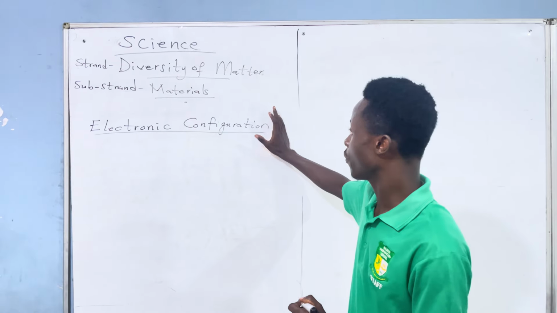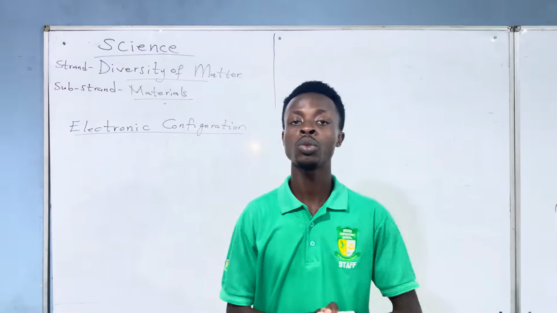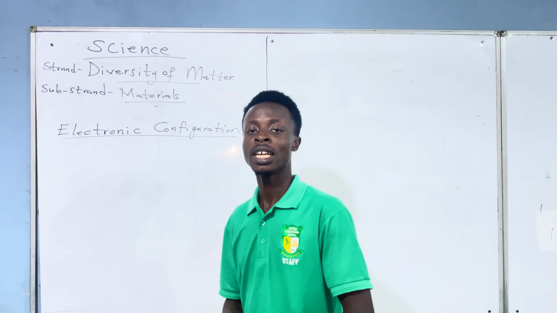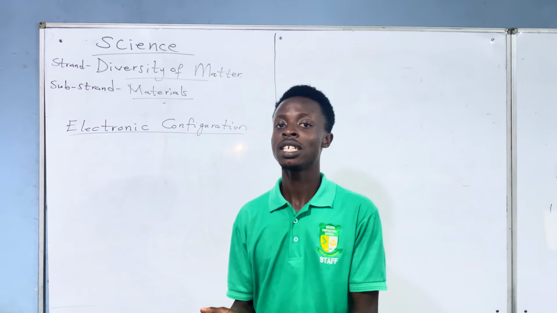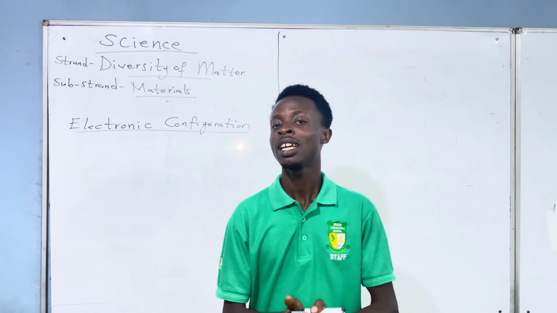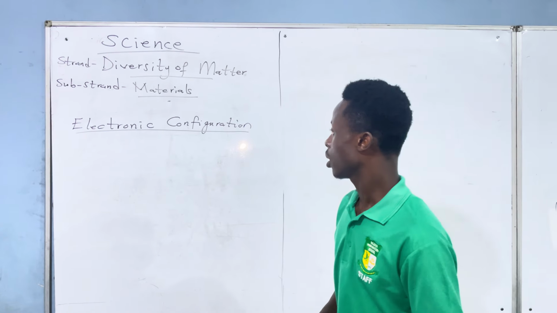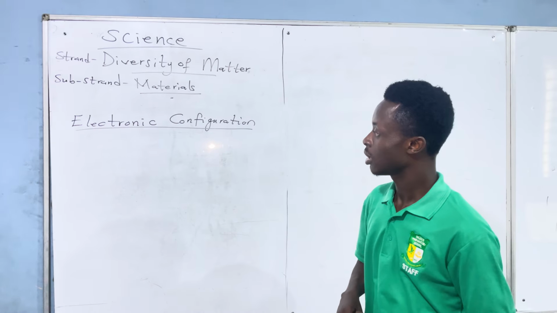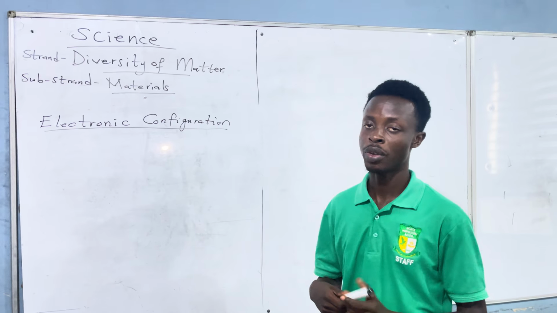It is important because it helps you to determine the period and the group of the elements, the valency shell electrons, and also whether the element is reactive or not. So let's look at the electronic configuration of some of the elements in the periodic table.